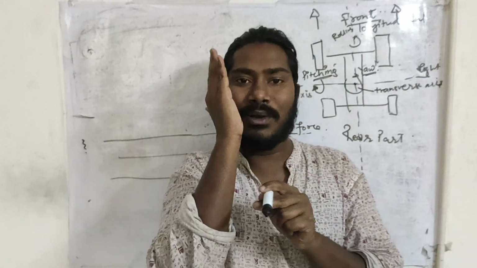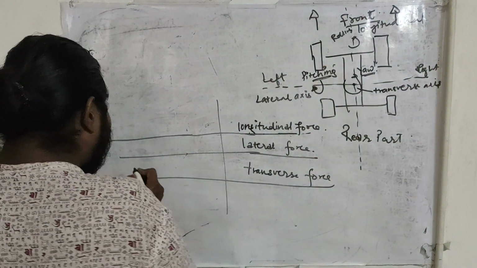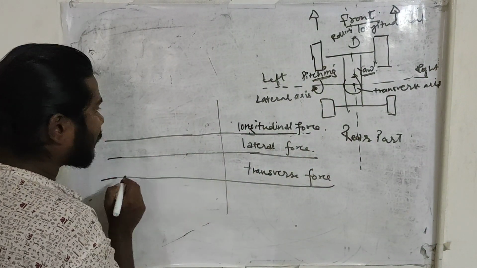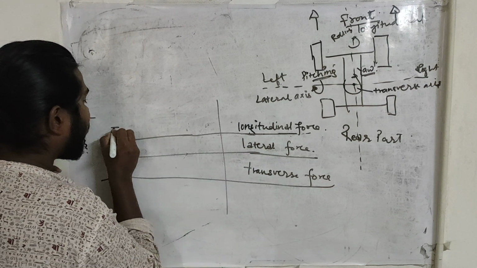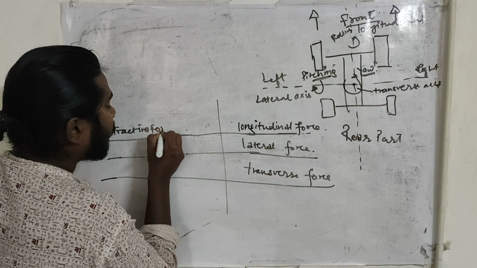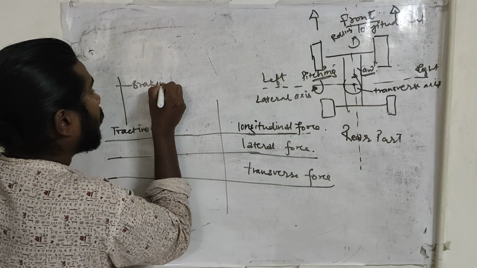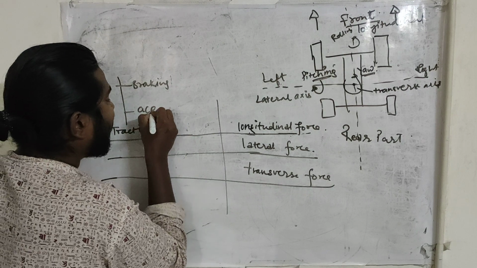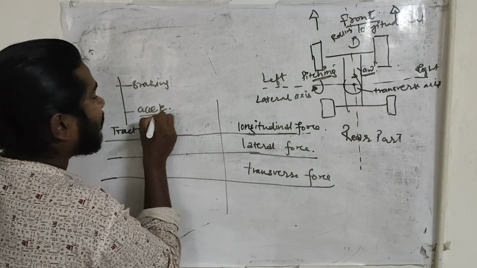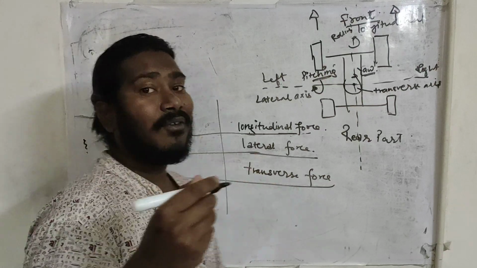The vehicle moves forward. The air and bird force, right? Okay. Now, we can call it the tractive force. Again, in the tractive, it could be braking, or it could be accelerating, right? Acceleration or deceleration.